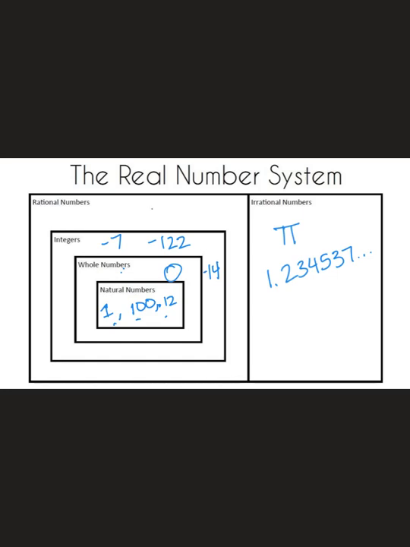So we can have 1.6 repeating, 3/4, 1.8, whatever we like. This is a really good graphic organizer and visual for the real number system. You can see how they all fall in line with one another here.